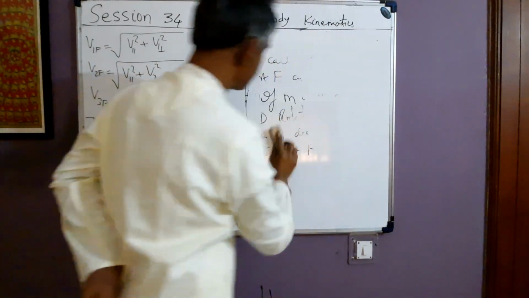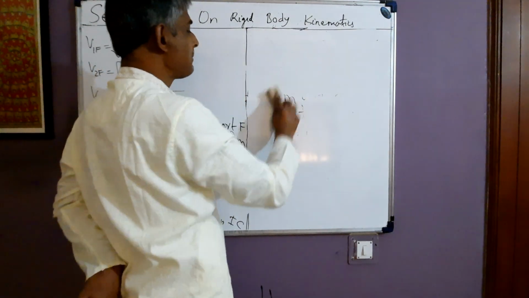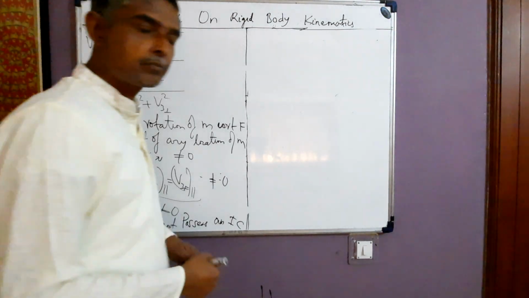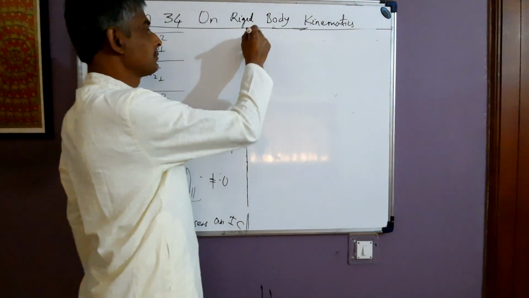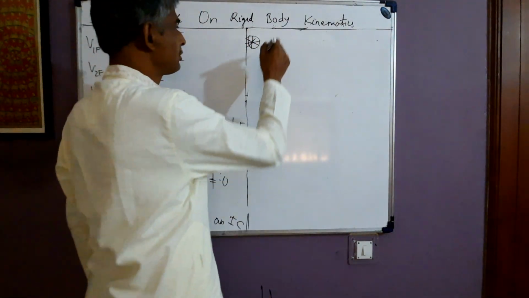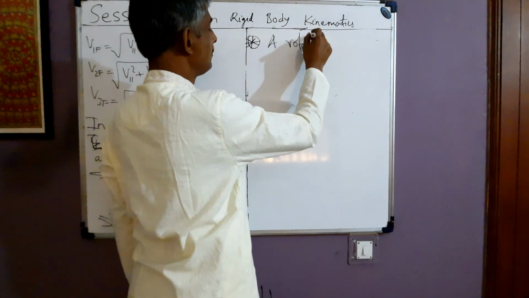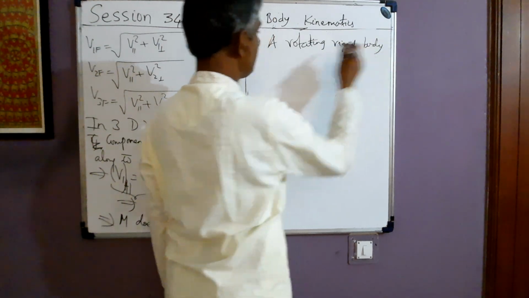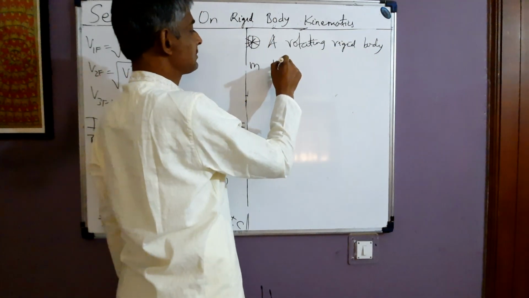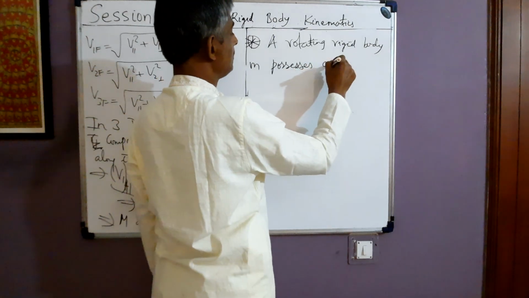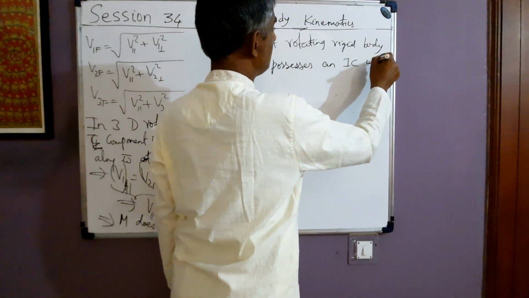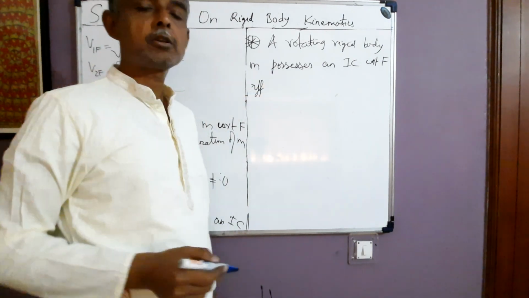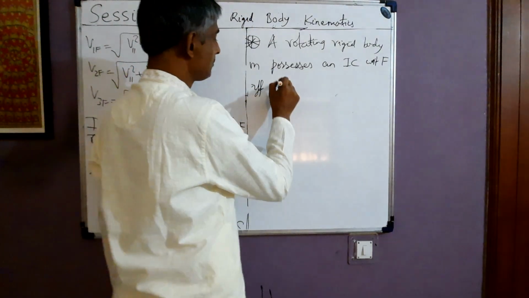Now, the second point is this. M possesses an IC if and only if M undergoes plane motion with respect to f. This is the second statement being stated. A rotating rigid body M possesses an IC with respect to f if and only if M undergoes plane motion with respect to f.